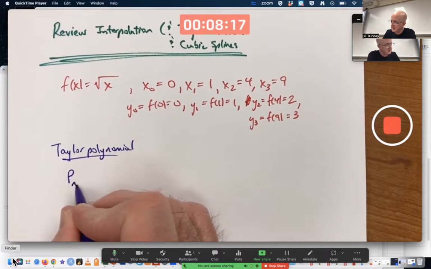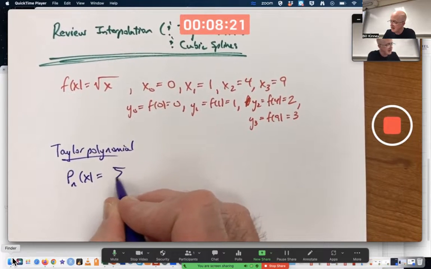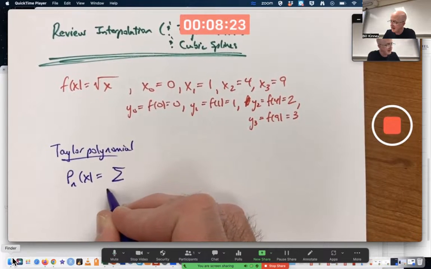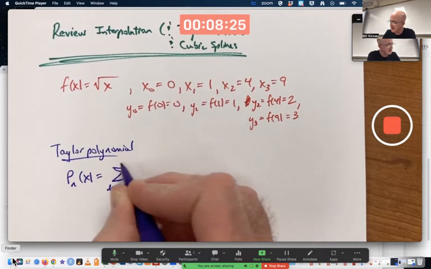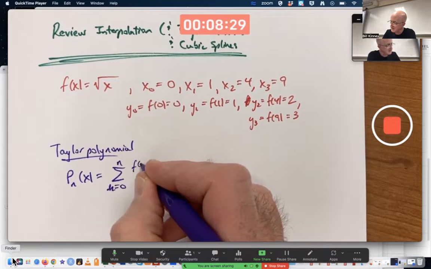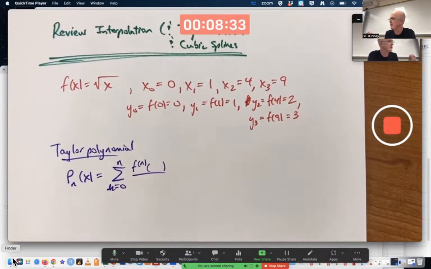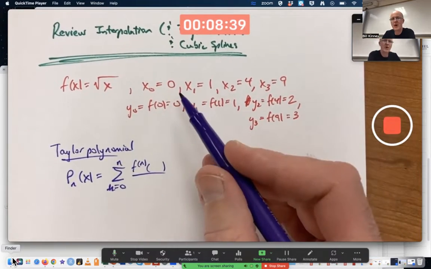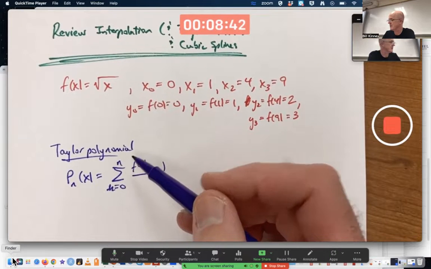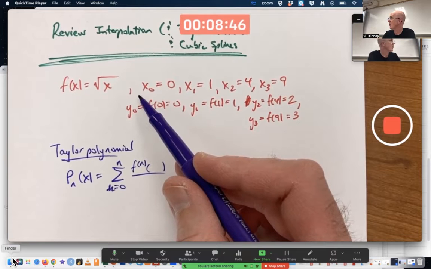The general formula for P sub n of x would be the sum, say k goes from 0 up to n of the nth derivative of the function evaluated at whatever point you're focused on. I'm not going to choose 0 here. That's the most common thing to choose. But 0 is a problem for a Taylor polynomial here because this function actually is not differentiable at 0. So I'm going to choose 1 instead.